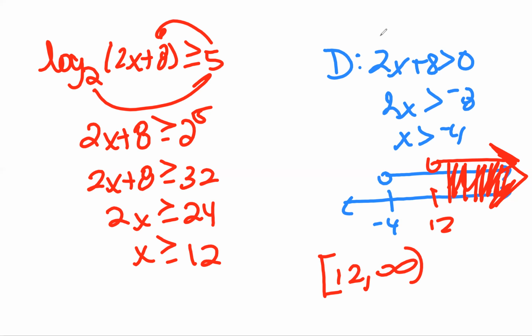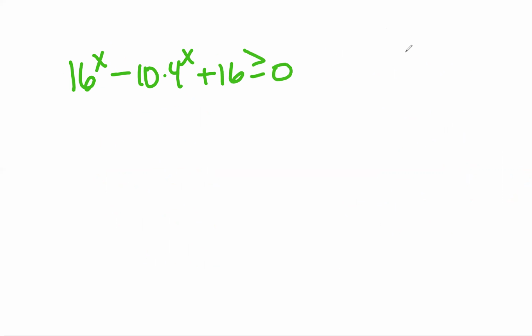Right, and then just thinking about something that looks a little bit different in the process, which would be if I had 16 to the x minus 10 times 4 to the x plus 16 is greater than or equal to 0. So there is no domain restriction on this, but this is the one where we have to change this problem.